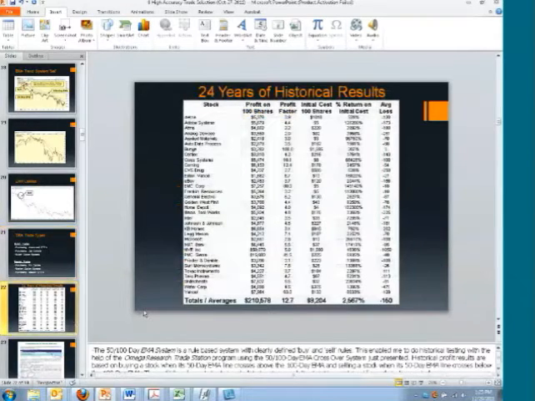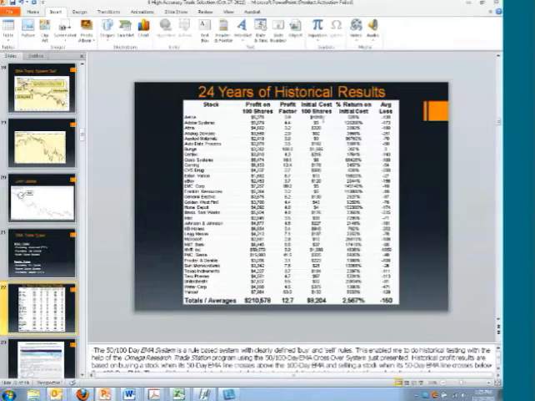And I did some historical testing of the 50-day, 100-day EMA system over a 24-year period for a wide variety of stocks: growth stocks, value stocks, small cap, mid cap, large cap. Over that 24-year period, I tested the profitability of purchasing 100 shares of each one of these stocks.